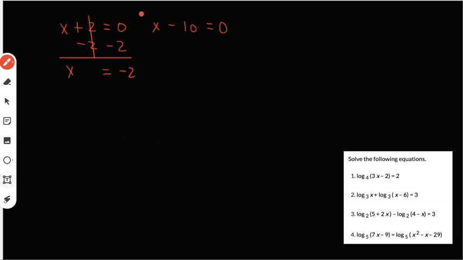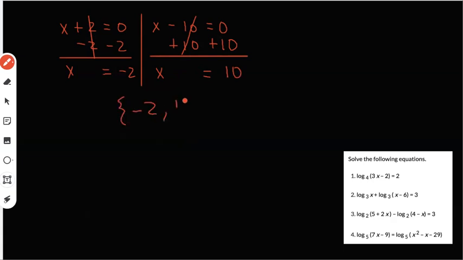And then on the other side, I'm going to have x minus 10 is equal to 0. I can add 10 to both sides. The 10s cancel out, and I'm left with x equals 0 plus 10, which is 10. So my solution set is just going to be negative 2 and 10.